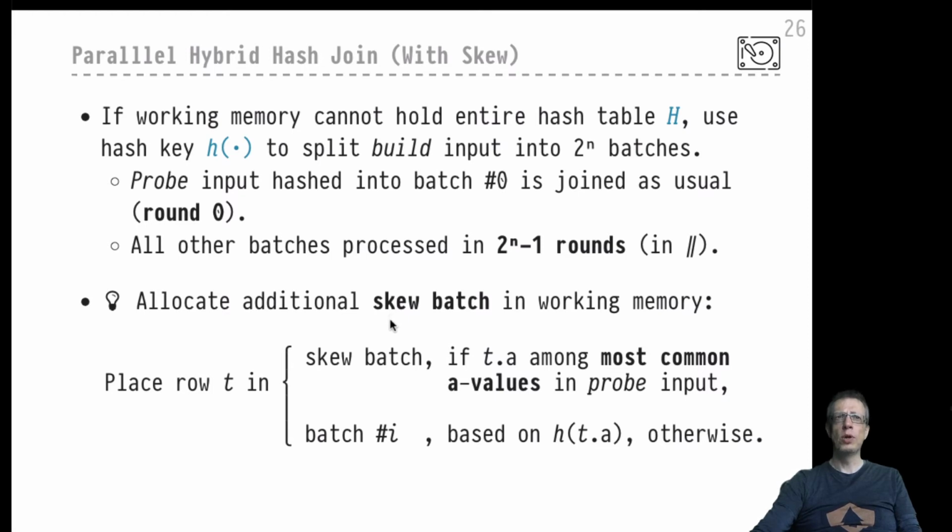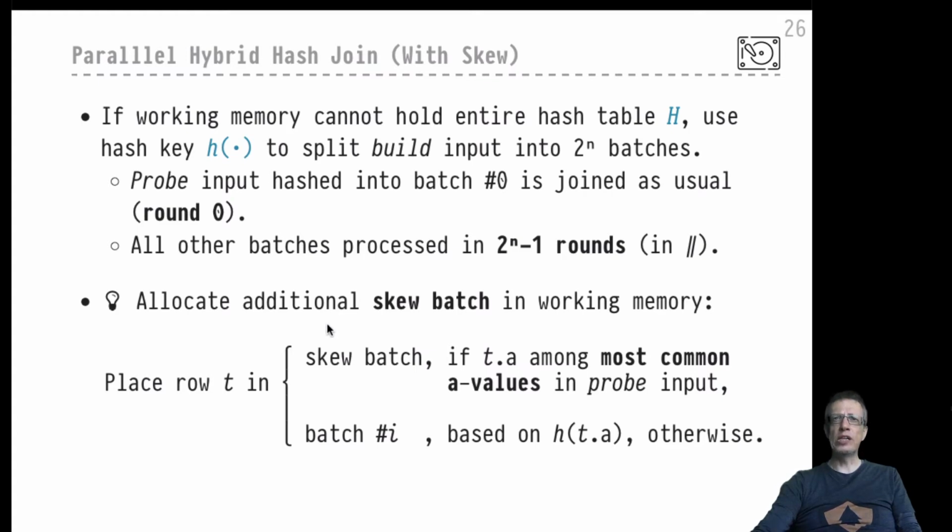All right, so some implementations of hybrid hash join react to that and save some spot in the working memory for a so-called skew batch, even if the hash function for a particular row would indicate that the row has to be placed on some on-disk batch.